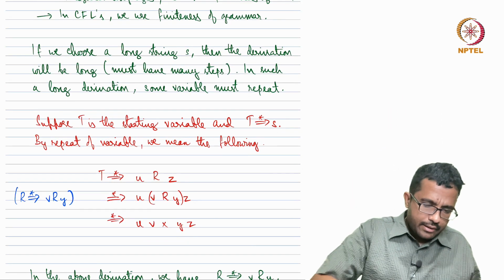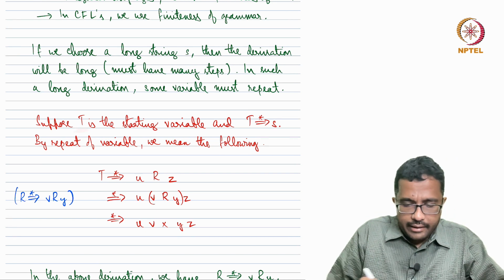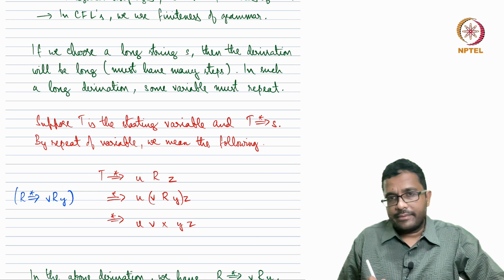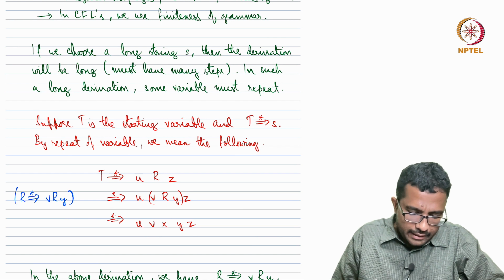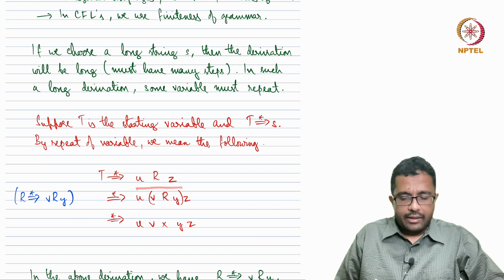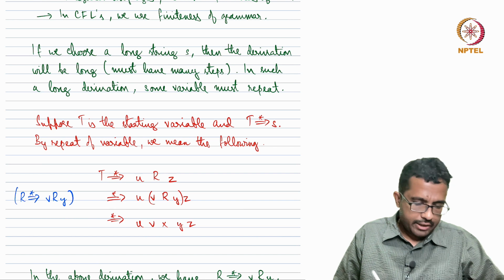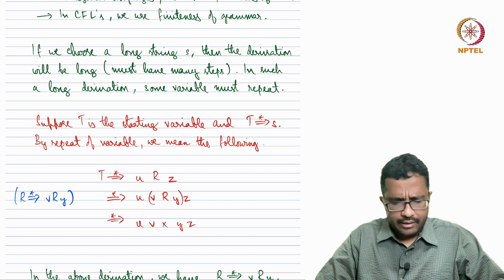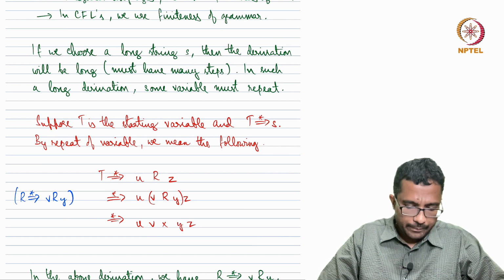So in other words, suppose T is the starting variable and T derives s. So s is in the language, so T must derive s. And what we mean is this. At some stage, let's say you got some string like u r z, where r is some variable, and u and z are some strings which consist of both variables and terminals, or let's say u and z are entirely terminals, and r is a variable.